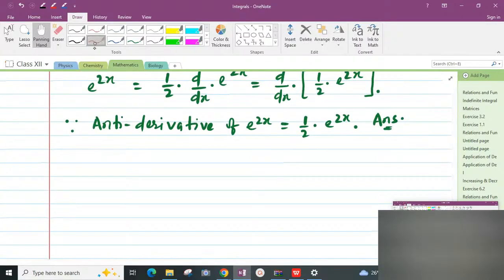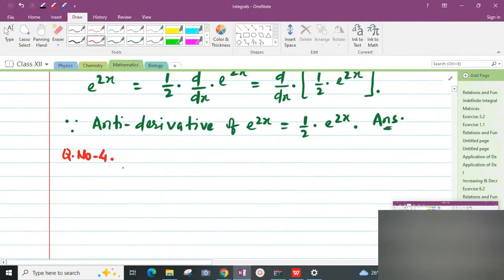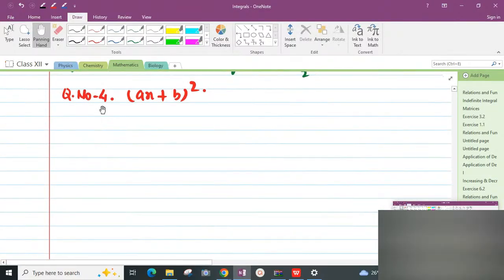This is question number 4, ax plus b whole to the power 2. Let's see the solution.